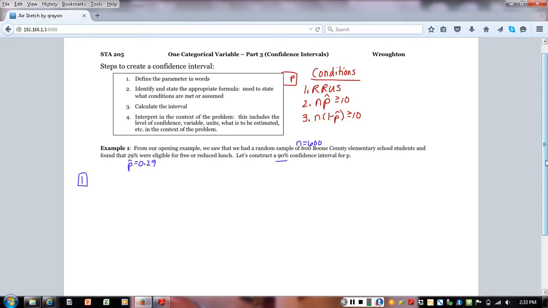So P here is going to represent the population proportion of Boone County elementary students who are eligible for free or reduced lunch.